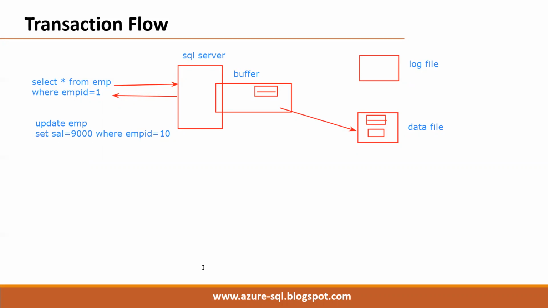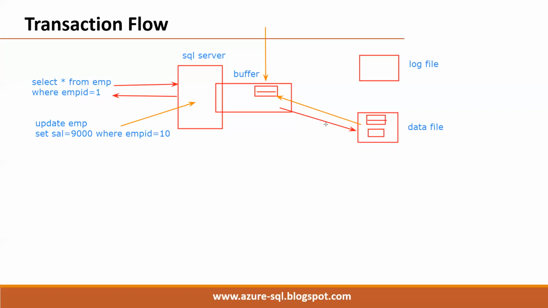Then what will SQL Server do? Same as before, SQL Server will search for the record in the buffer cache. If no record is found, it will go to the data file and search there. From the data file, it will bring the record into the buffer cache.